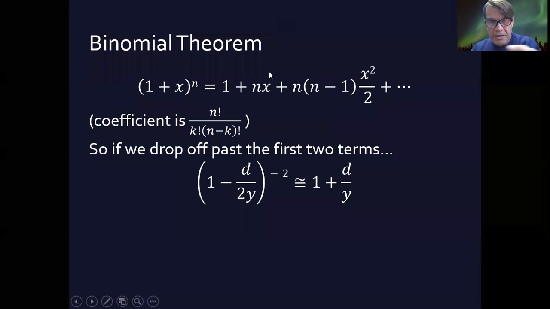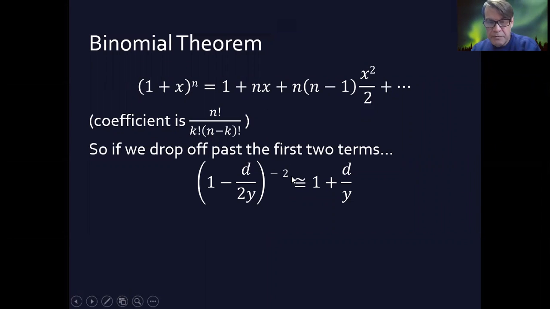Because remember, nx is the second term, -2 is n, and x is negative d over 2y. So the 2's are going to cancel out, and the negatives are going to cancel out, and we're going to be left with d over y. So this approximately, in the situation that we've set out, is 1 plus d over y.